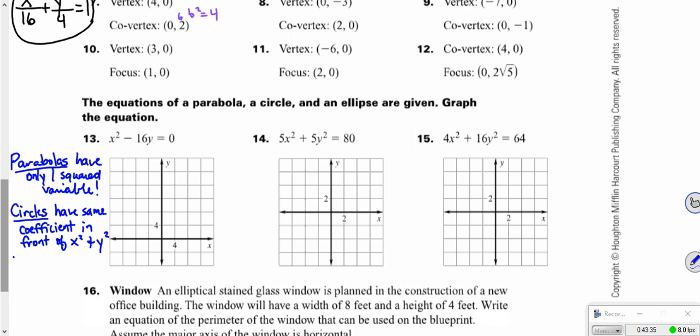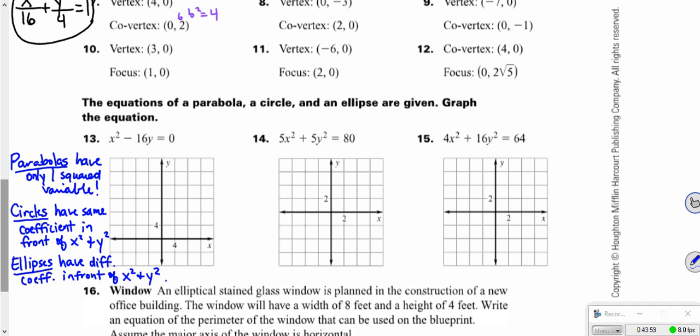And ellipses have different coefficients in front of x squared and y squared.